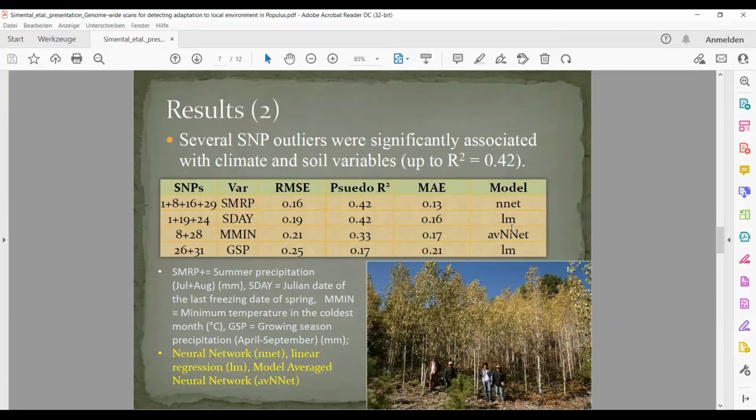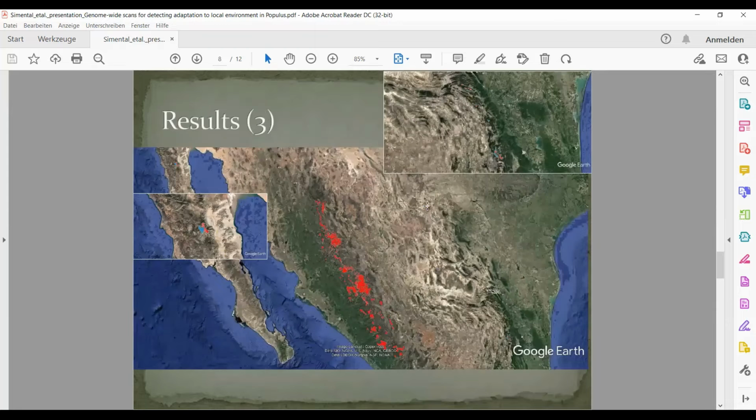And here we can see the different models. Most important is the RMSE, this arrow, that's the frequency of the SNPs. And we can say there are strong correlations with the environmental variables.